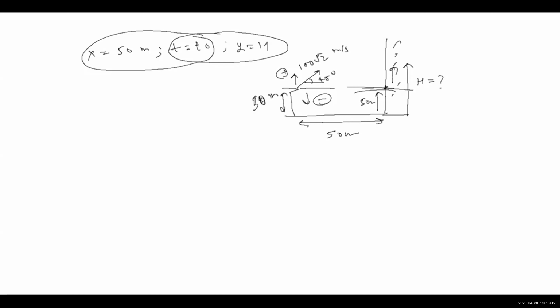Generally we take upward as positive. So speed along y-axis we are writing as plus 100, because upward we have taken positive. But AY, which is downward G, will write as minus. If you take upward as negative, downward will be positive. Then we'll write this positive and this as negative. It's like that.